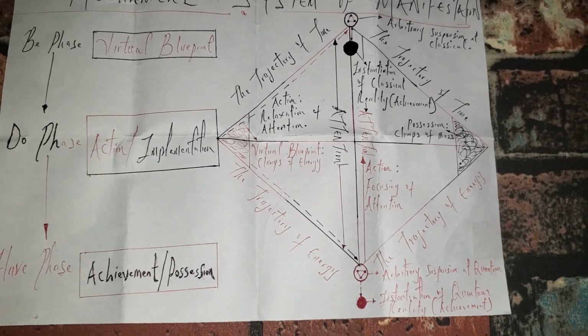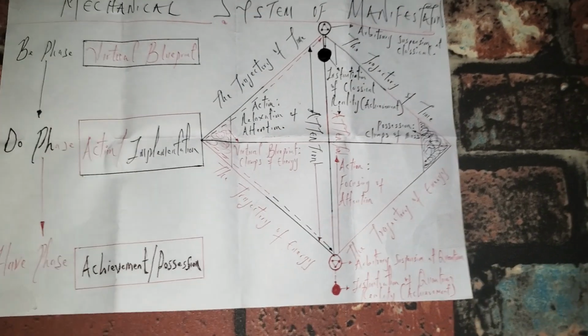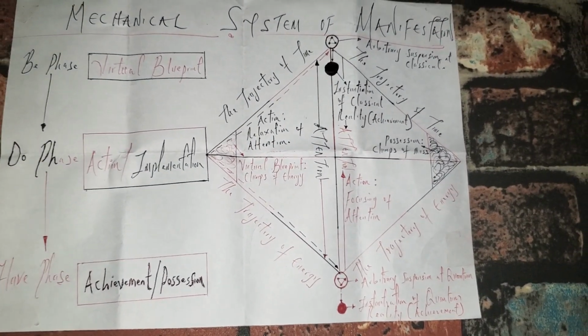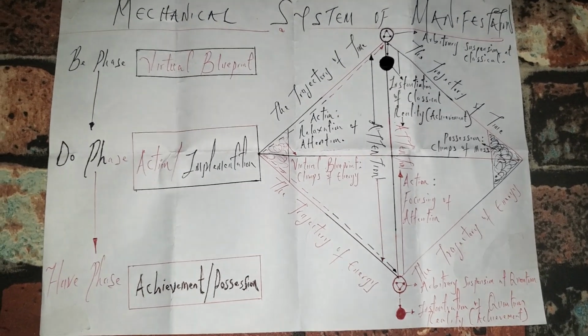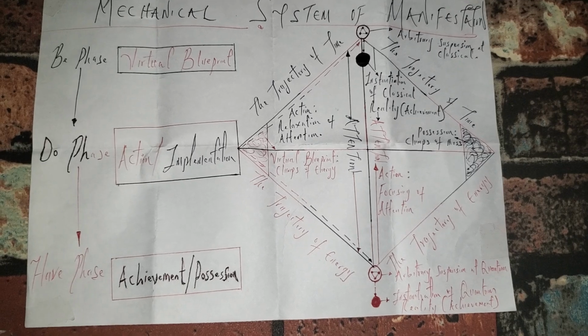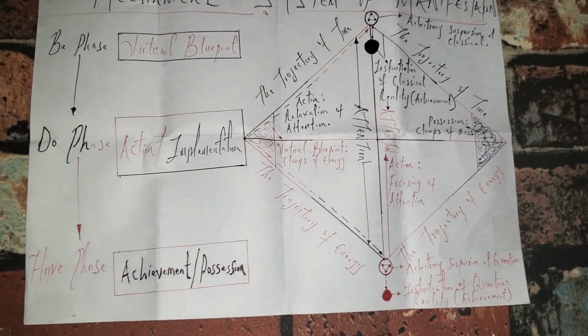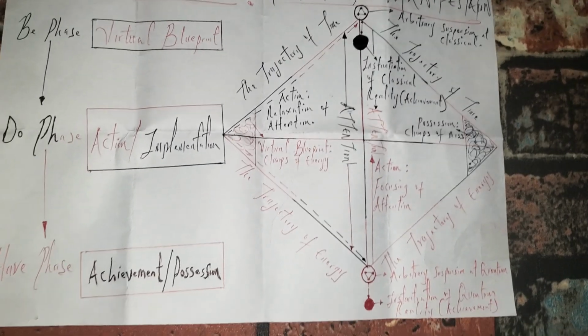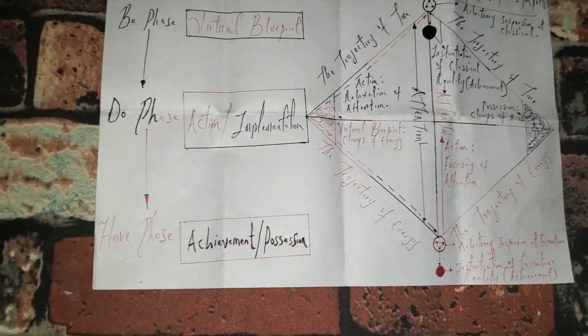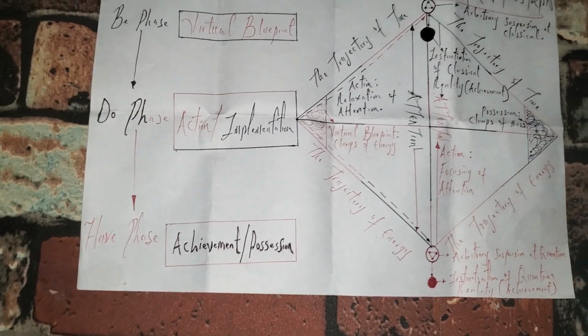Now, what do we need to use in expanding the universe to achieve what we want to do or be, or contracting the universe to focus, to instantiate the virtual blueprint? What we're going to use to achieve that is attention.